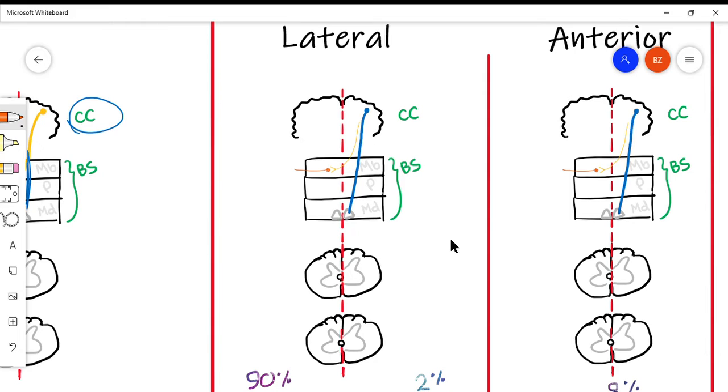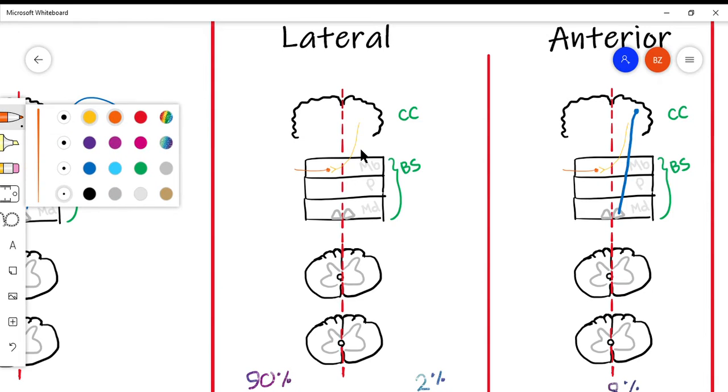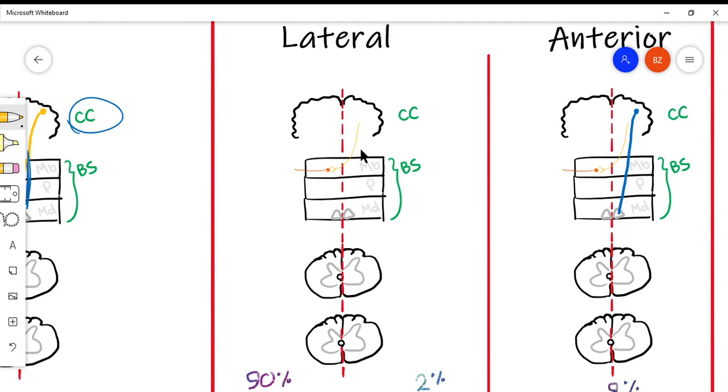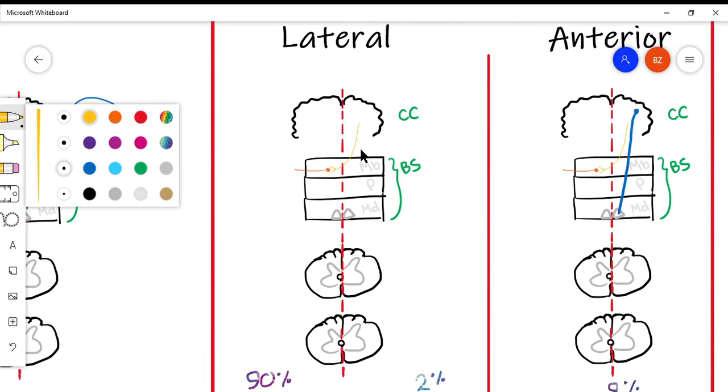Some of the fibers continue going down. However, I'm now going to redraw this in yellow again, because we said that we're going to refer to our upper motor neuron fibers in yellow and the lower ones in orange.